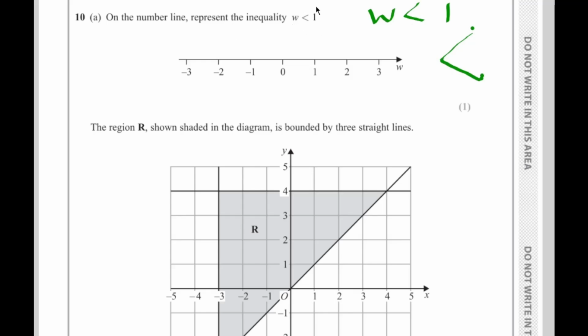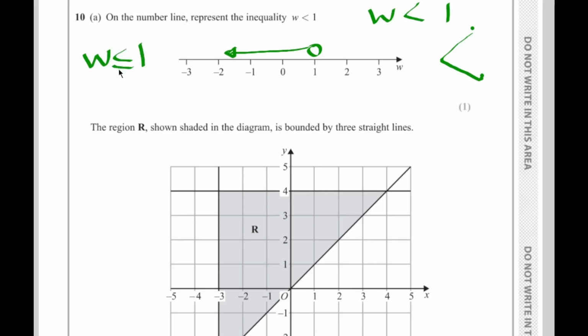Then you have to come to the number line and figure out where that boundary lies. In this case, the boundary lies on 1. After that, this one says that W is smaller than 1, so you have to move to this side to indicate the smaller region. Let's say you get the inequality W is smaller than or equals 1.